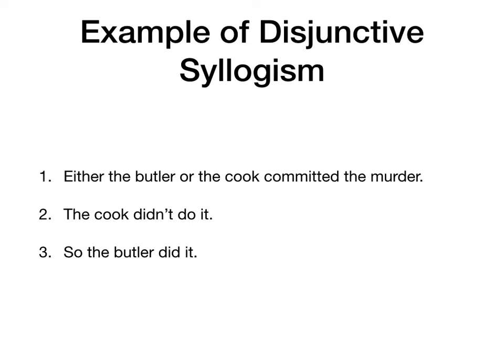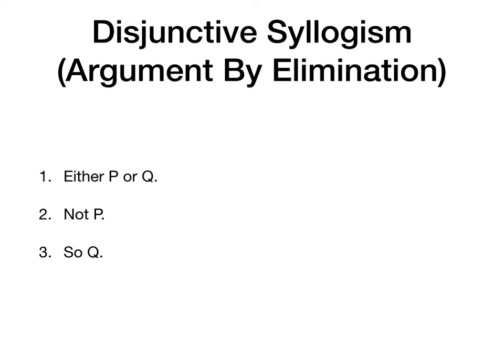Now, one thing your reading doesn't say, but I think is worth keeping in mind: your reading just talks about either P or Q. You can use this kind of argument with more cases. That's what we often see in the murder mystery. Either P or Q or R or S. That's another disjunctive syllogism.